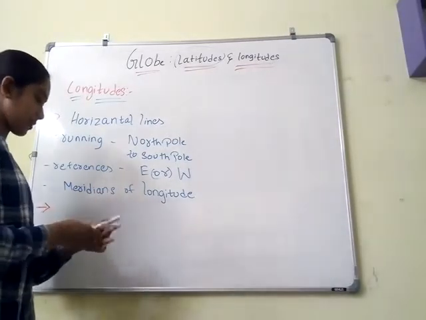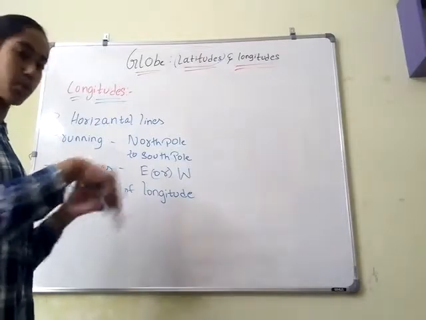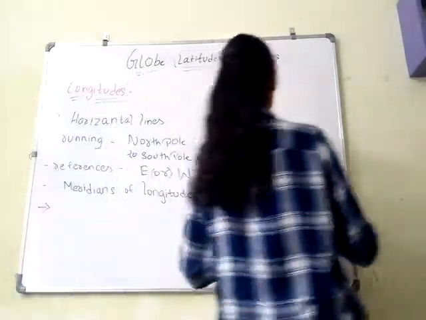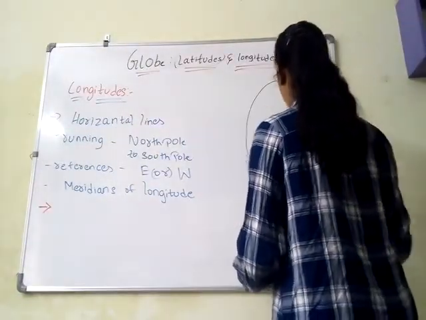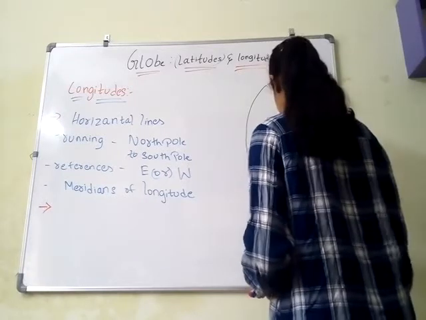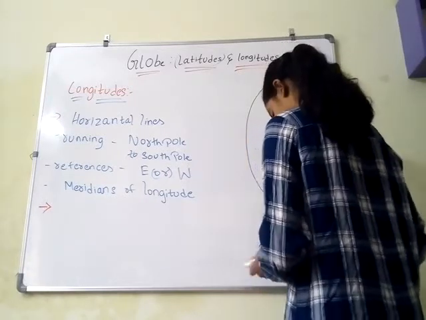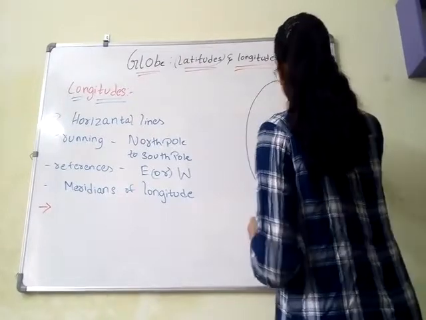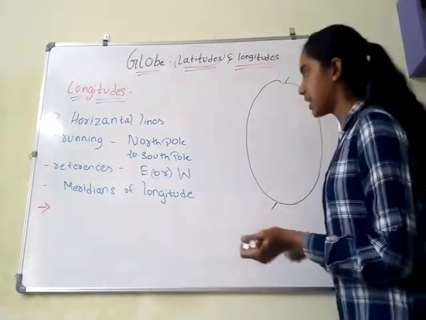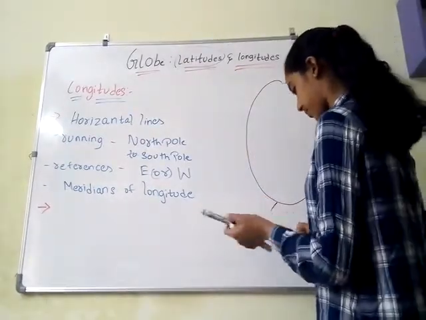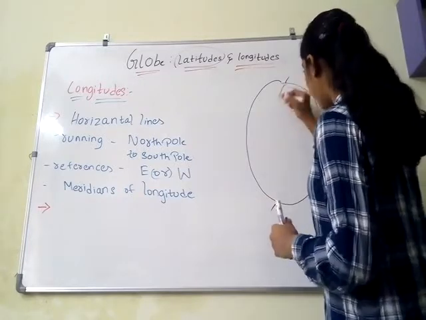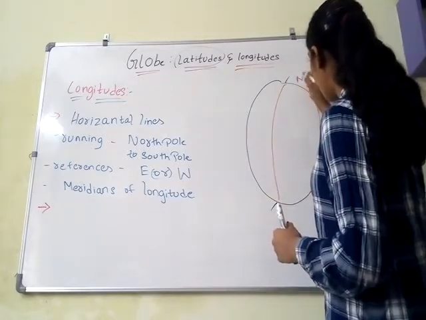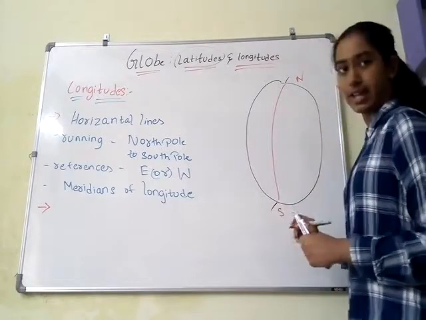Now I will draw a diagram with only longitudes. This is the North Pole and this is the South Pole, just a rough diagram.